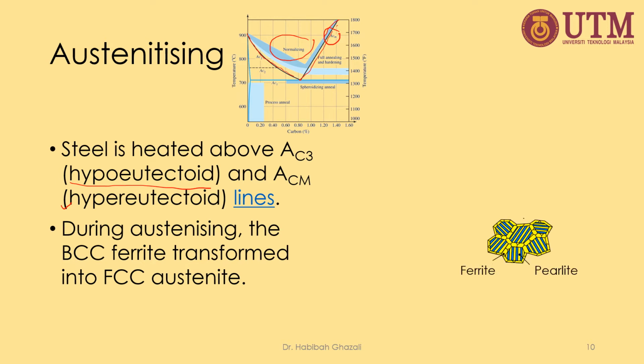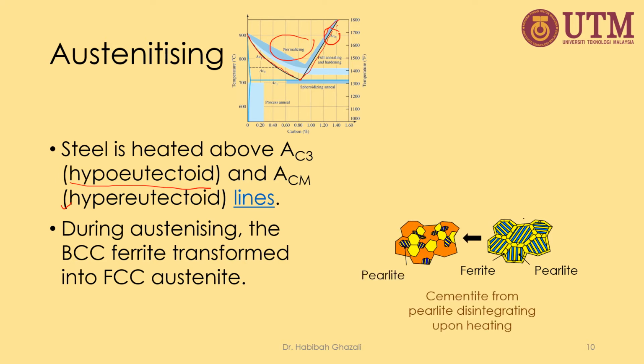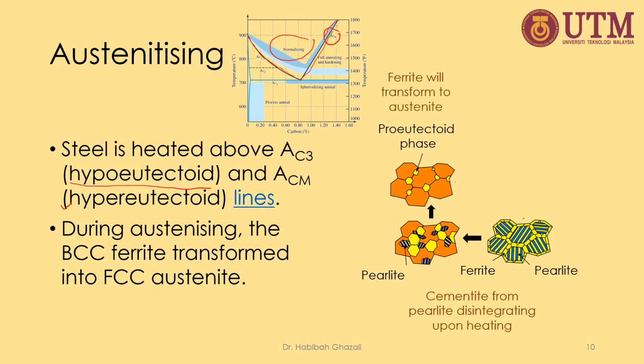So if, let's say, we look at the microstructure of the hypoeutectoid steel, what happens during the austenizing process is that the cementite from the perlite will start to disintegrate upon heating, and then the pro-eutectoid phase, which here is the ferrite, will also transform into austenite. So the final microstructure that you will get during this heating process is austenite.